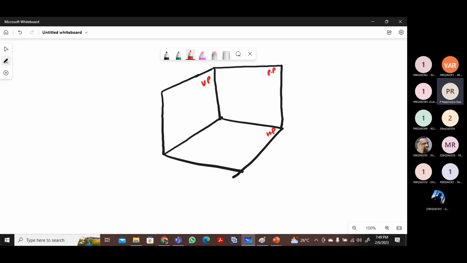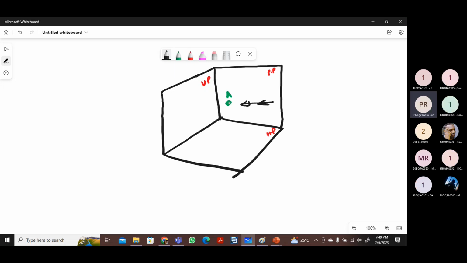Now we are dealing with the first quadrant only, and the object is there. Let us say the object name is A. When you look in the front view, this is the image A dash, and when we look in the top view, this is the image small a. This is the front view image, and this is the top image.